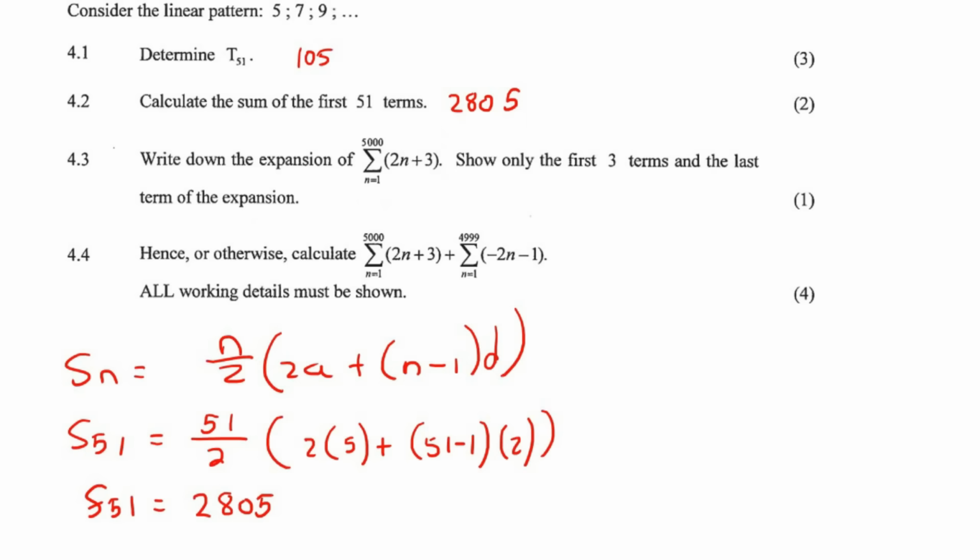Some students do not like sigma notation, but the way it works is the following. To find term 1, you're going to plug in whatever this number is. Now that number is not always going to be a 1, but in this one it is. But if there was a 2 over here, then to find term 1 you would still plug in the 2. This doesn't mean term 2, for example.